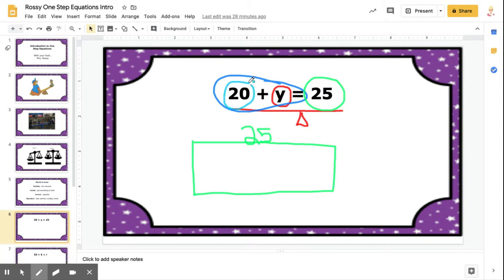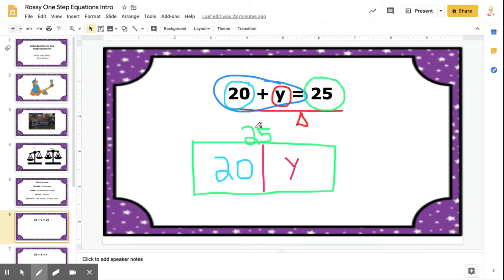This 20 is on one side. Okay. And then there's the part that we don't know. And that is our unknown. That's on this side. And this equation is represented with a y.